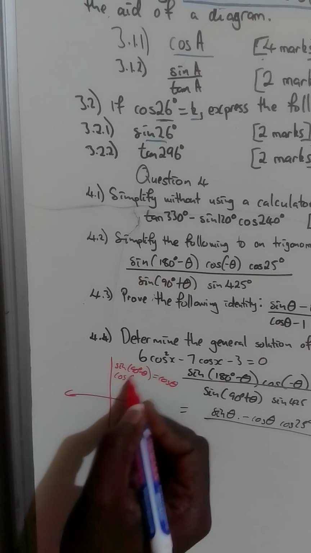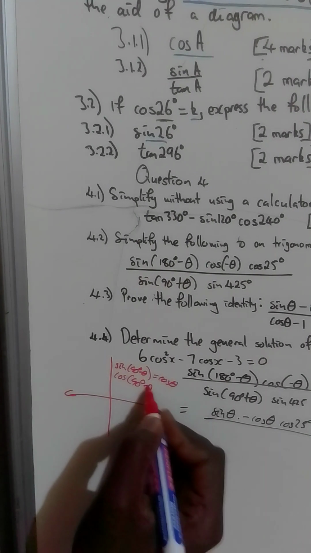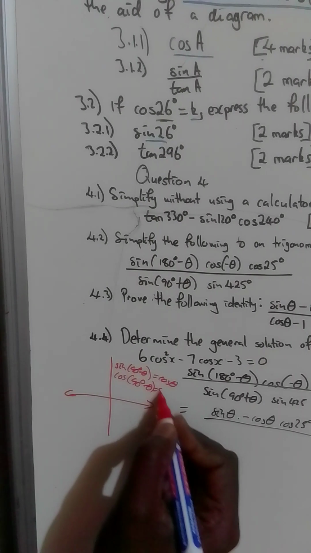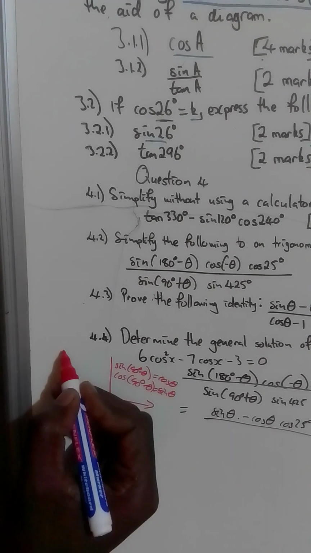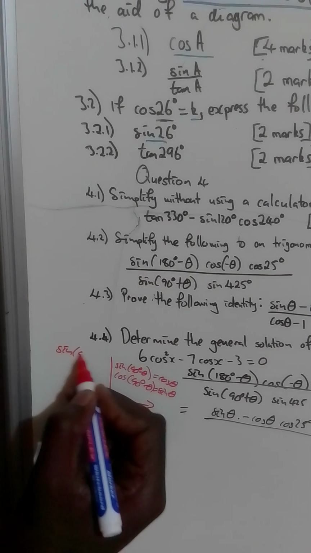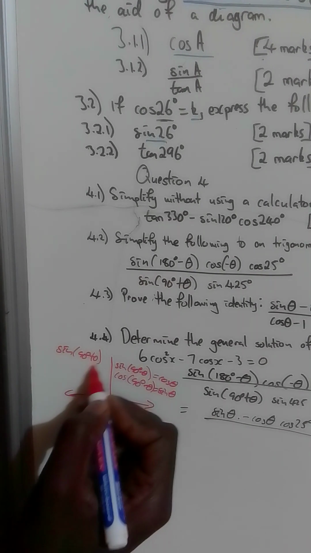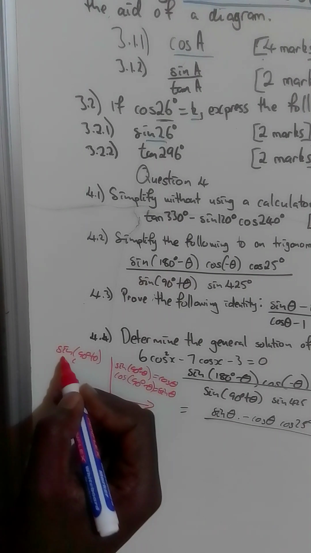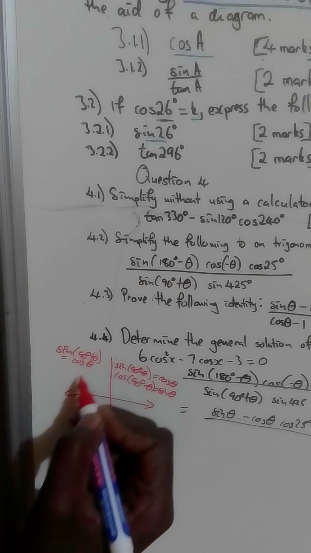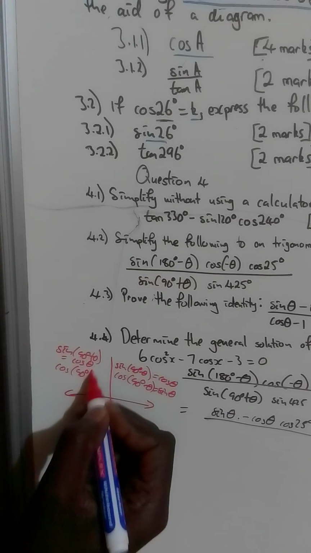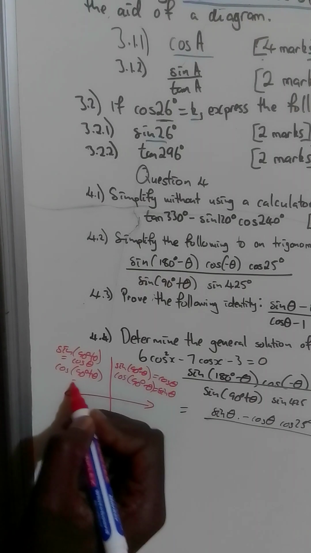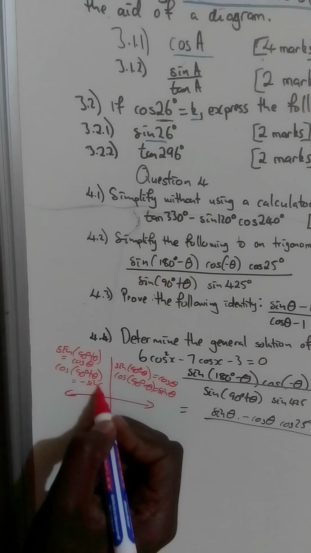If I've got cos, open bracket, 90 degrees minus theta, I turn this into a sine theta. If I come to quadrant number 2, where I have got sine 90 degrees plus theta, I turn this to a cos theta.